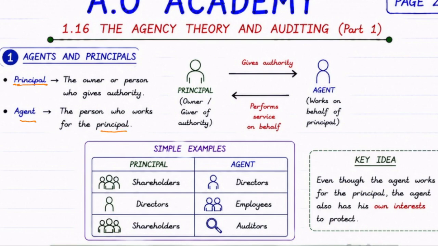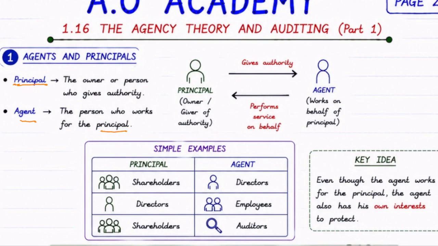Imagine landlord and agents. The agent is the one who brings the tenant, but the principal is the owner of the house. I'm just using that as an example. So principal is the owner or person who gives authority.